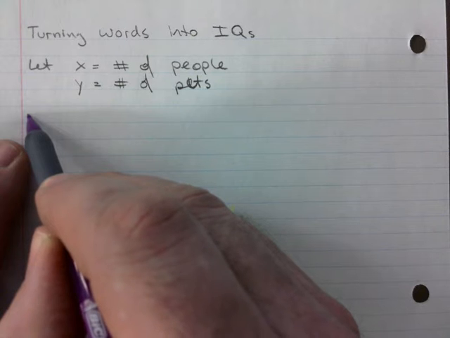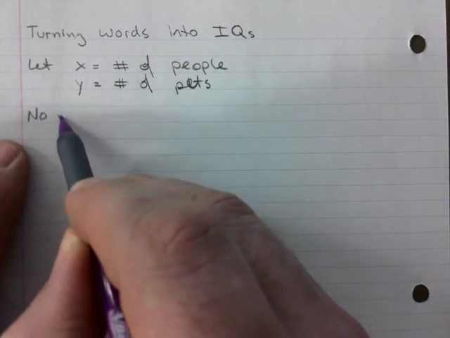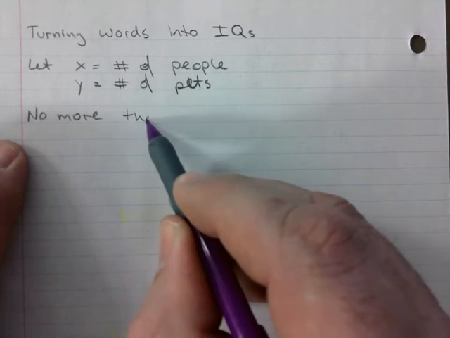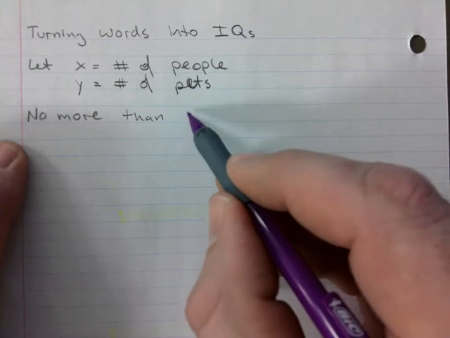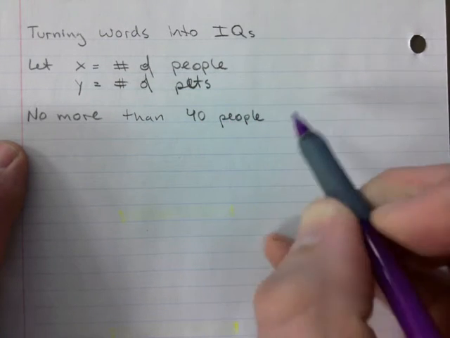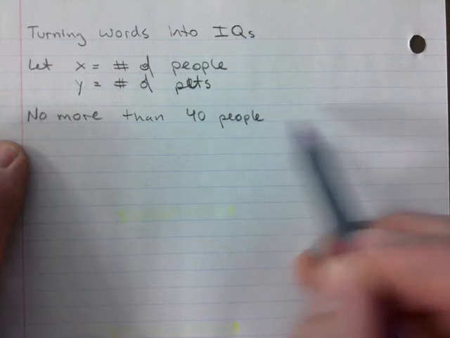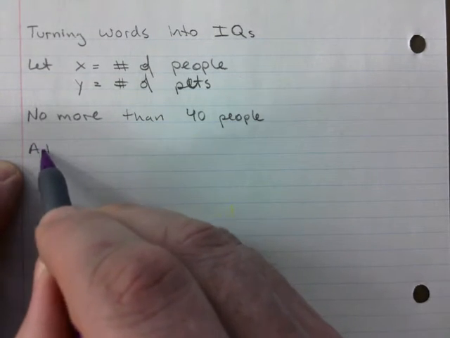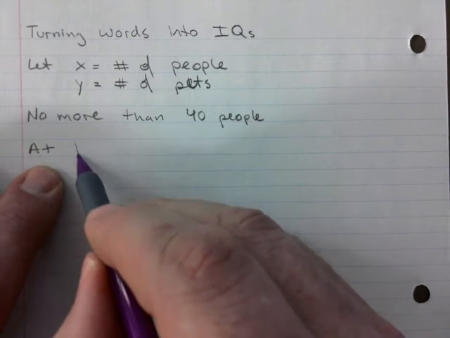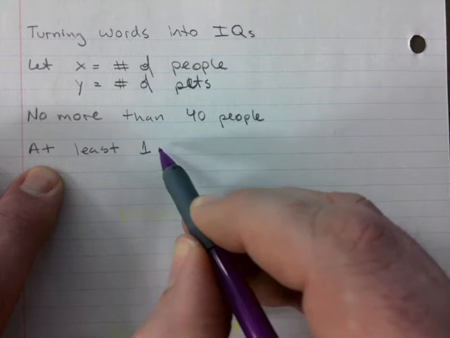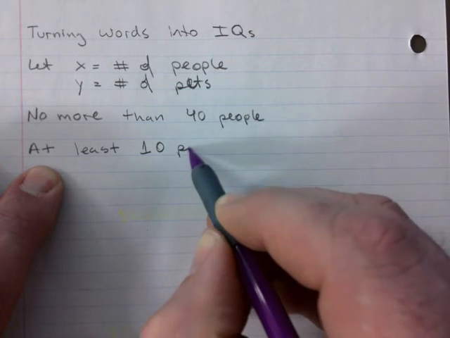So what if you saw a statement that you can have no more... Let's write them all down first. No more than 40 people. And I will answer it right next to it, so you don't need to leave a lot of space in between. What if there's a sign that says at least 10 people?